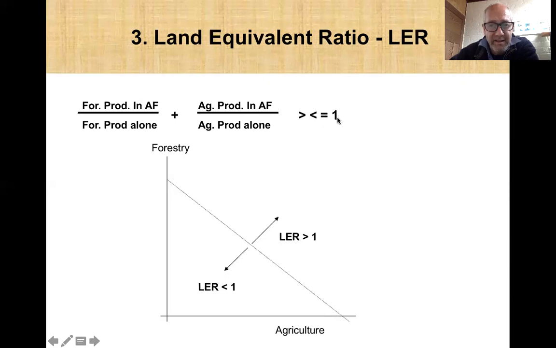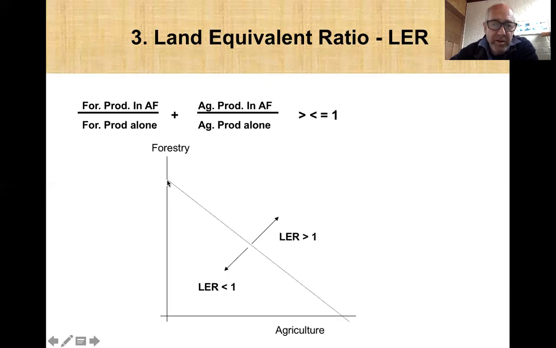So his land equivalent ratio is over 1. It's 1.18 in a sense. He's getting 1.2 thereabouts. He's producing up to almost 20% more product from the same amount of land. And that's where this land equivalent ratio comes in.